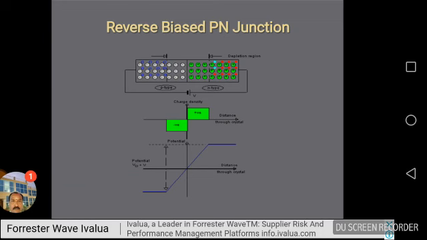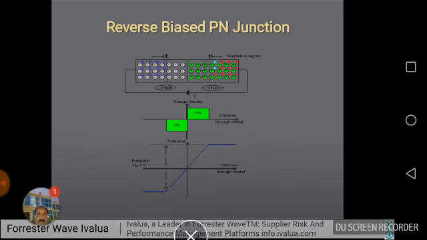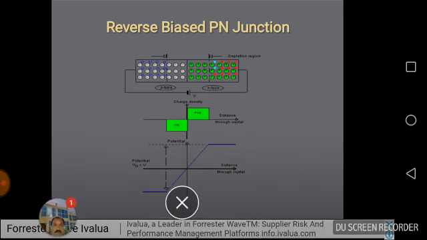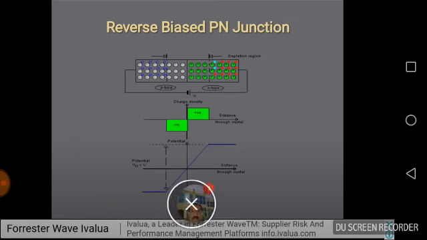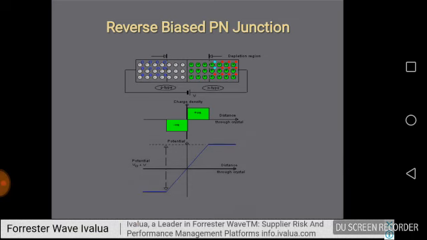Similarly, the holes will try to move away from the junction and move towards the negative terminal of the battery. Now what happens to the depletion region? Obviously the charge carriers are moving away from the junction, so we could say the depletion region width will be increased when you reverse bias it.